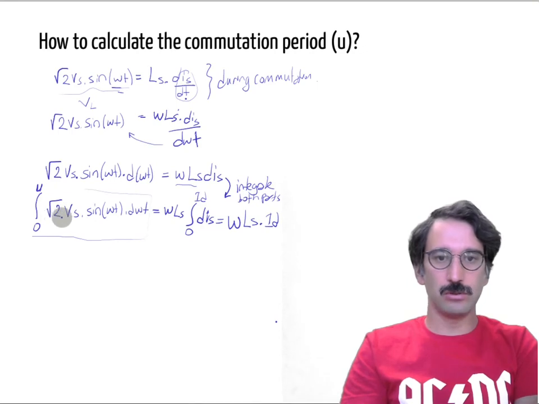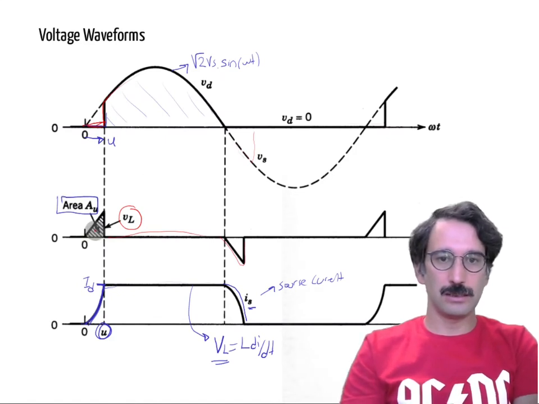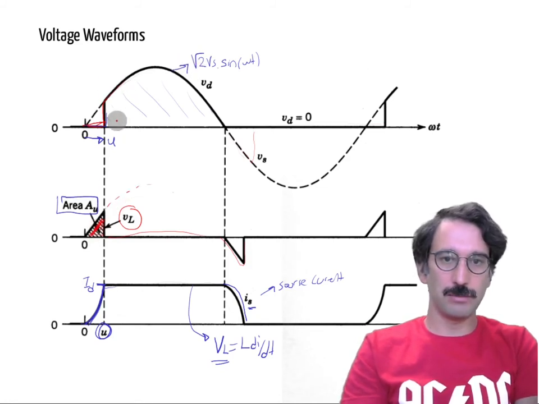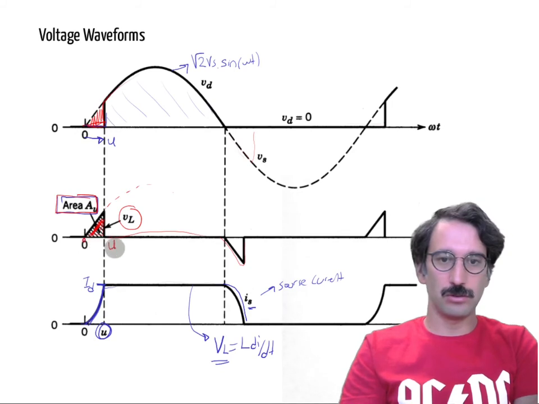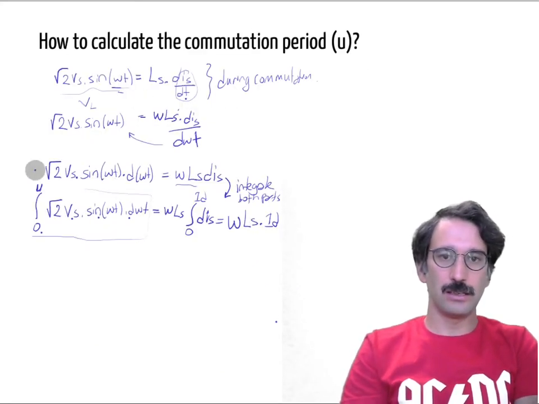And what about that thing? So square root 2 Vs sine omega t from 0 to u. If you go back and look at that red area carefully, because this was originally the same waveform going up, this is the same red area here. So that expression, the integral from 0 to u of square root 2 Vs sine omega t, is basically my area. So I can write it as A u is equal to that one.